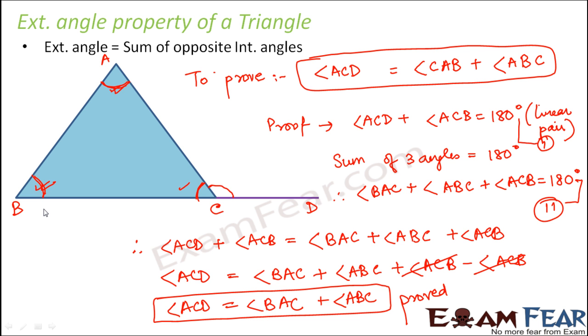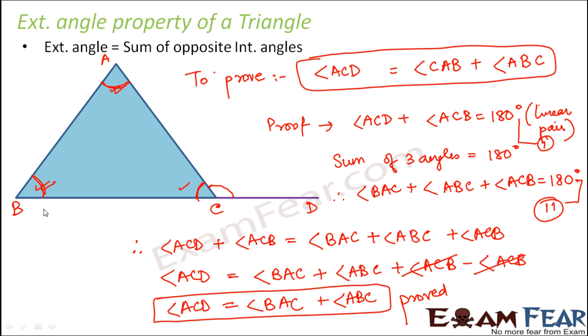Now one very crucial thing that you need to understand here is you should be able to determine the exterior angle properly, because many a times children get confused to find out which angle is exterior angle. So please remember those three important points. Why am I repeating this is very important. If you get confused with the exterior angle itself, you will not be able to make use of the properties.